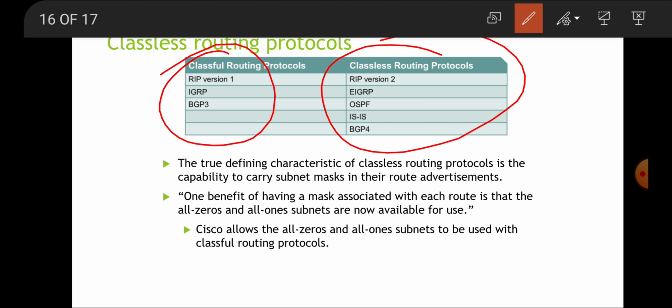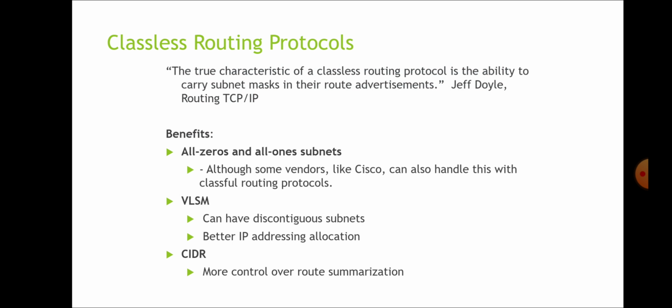The true defining characteristic of a classless routing protocol is the capability to carry the subnet mask in its route advertisements. One benefit of having the mask associated with each route is that the all-zeros and all-ones subnets are now available for use. So Cisco allows the all-zeros and all-ones subnet to be used with a classless routing protocol.